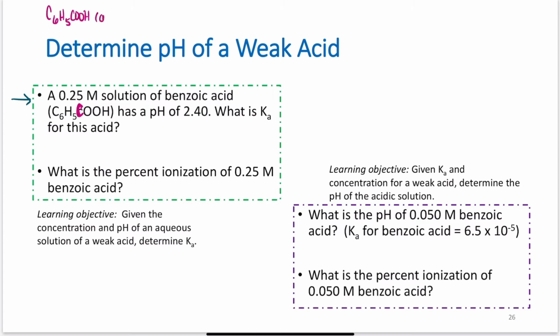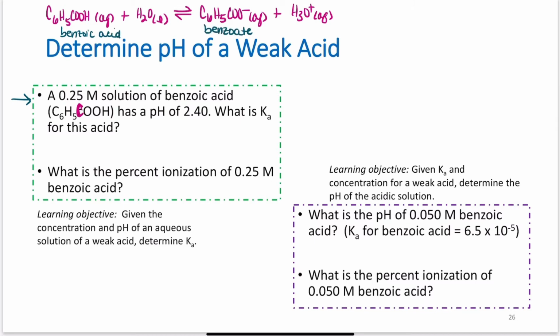C6H5COOH plus water. All of these are going to react in water, forming equilibrium C6H5COO minus plus H3O plus. I don't like writing out all of them all the time because they take up a lot of space. This is benzoic acid. It's called benzoate.